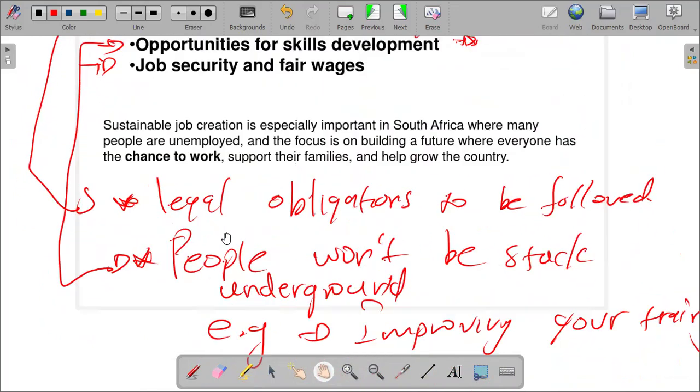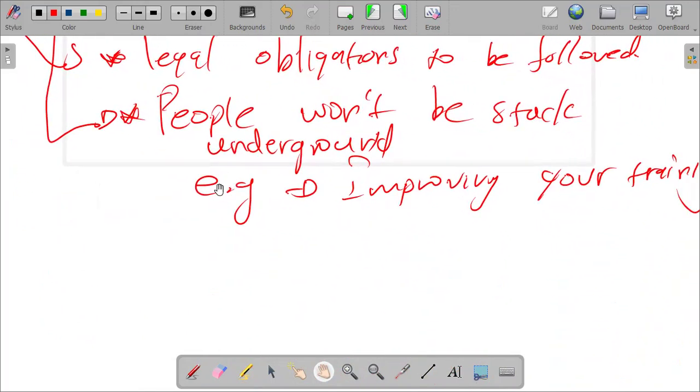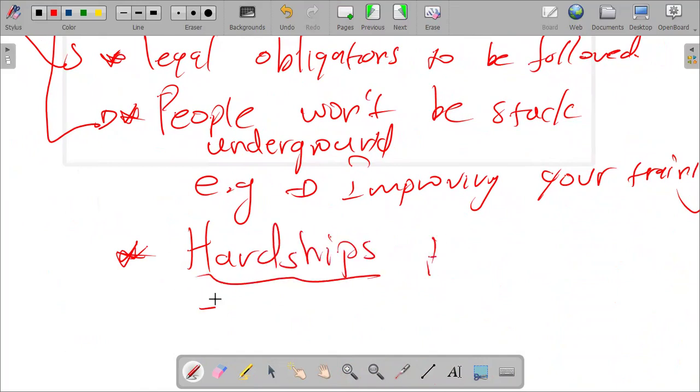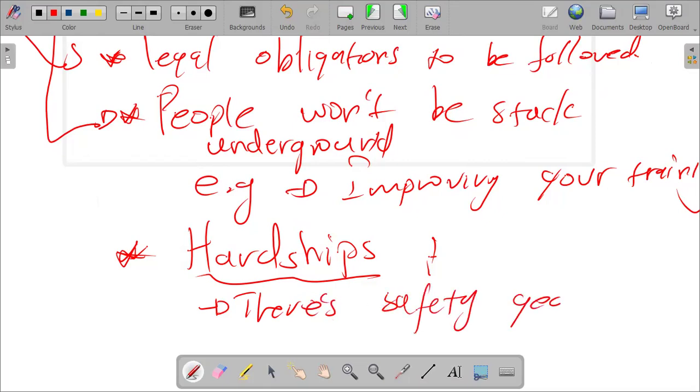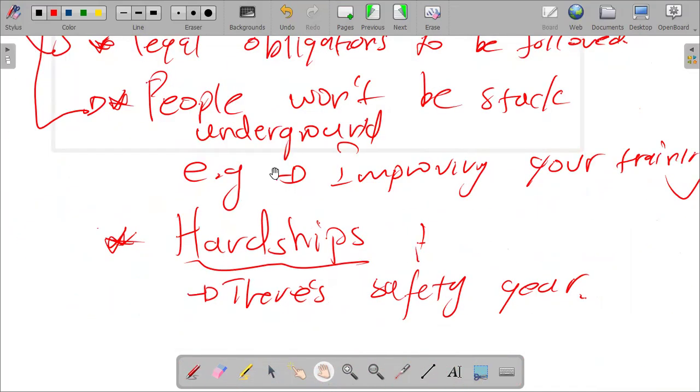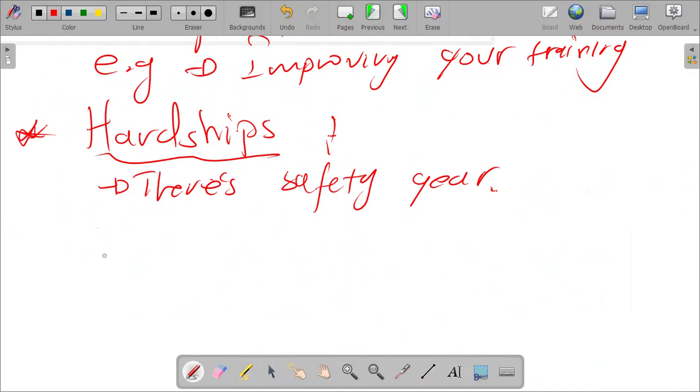Because of the hardships of where people work in the mining industry, there's always safety gear.